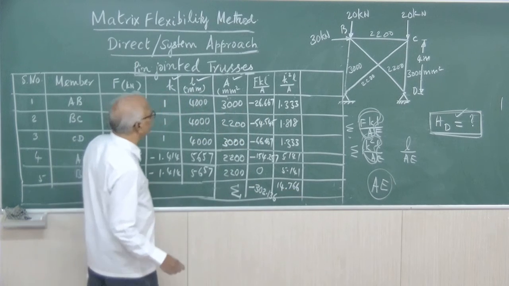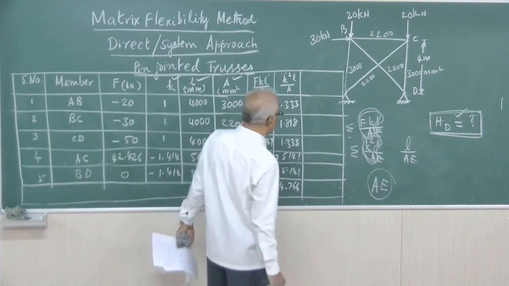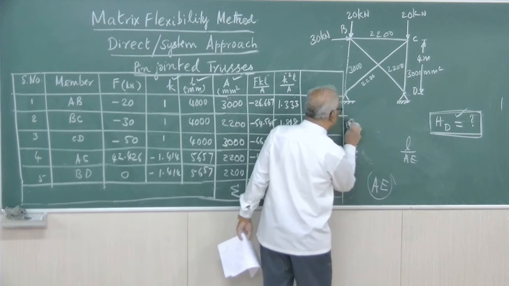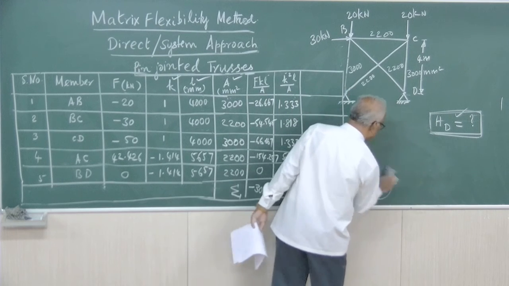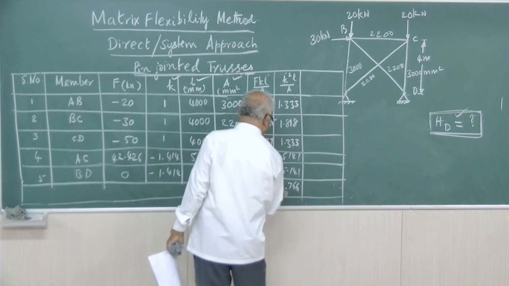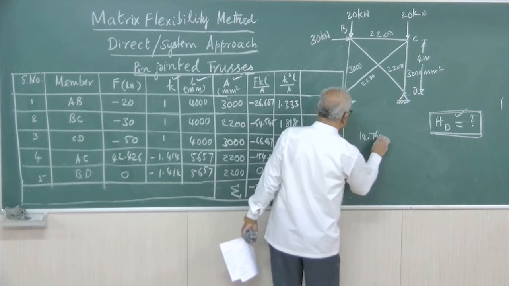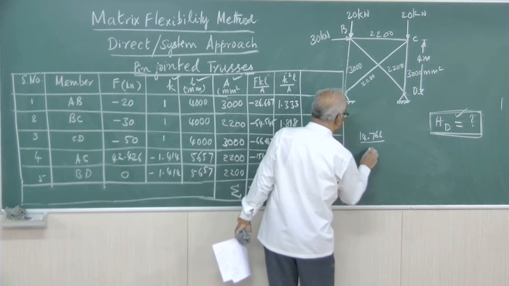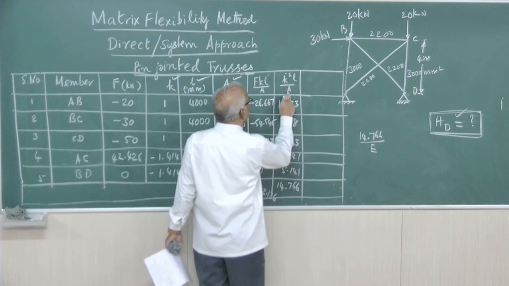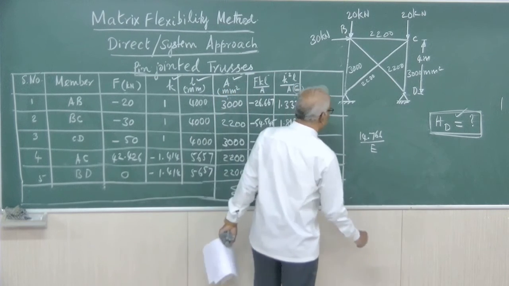Now, due to the external force, the right hand side is sigma FKL by AE, and the left hand side is A, which is K square by AE. Therefore, the left hand side is 14.766 by E, because K square L by A we have calculated. E only we have omitted, so we are writing it here as by E.